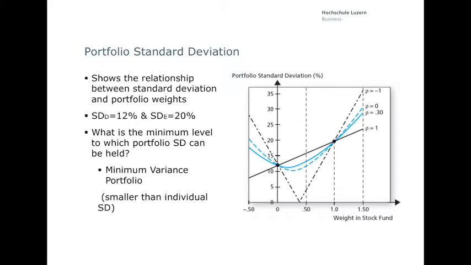Portfolio standard deviation. The graph below shows the relationship between standard deviation and portfolio weight. Look first at the solid curve for a correlation of debt and equity equal to 0.3.